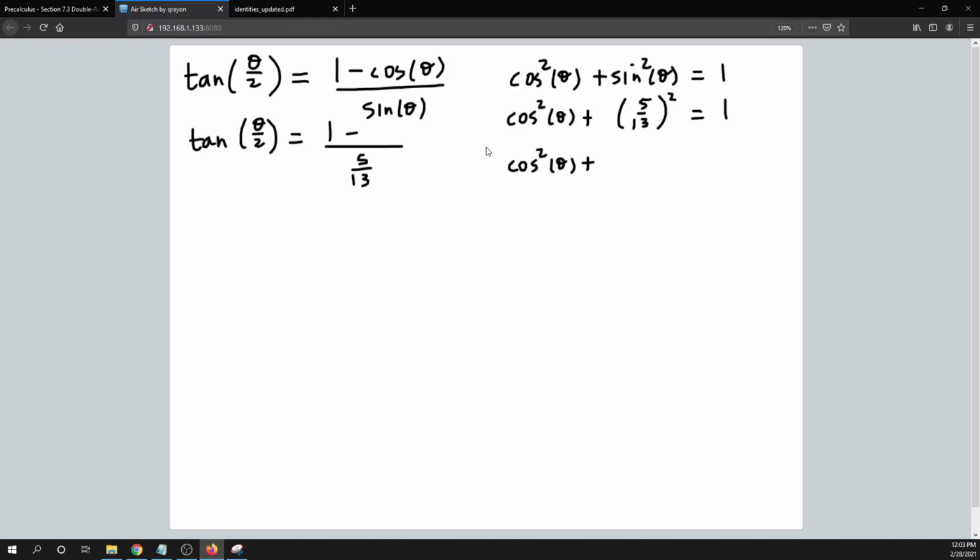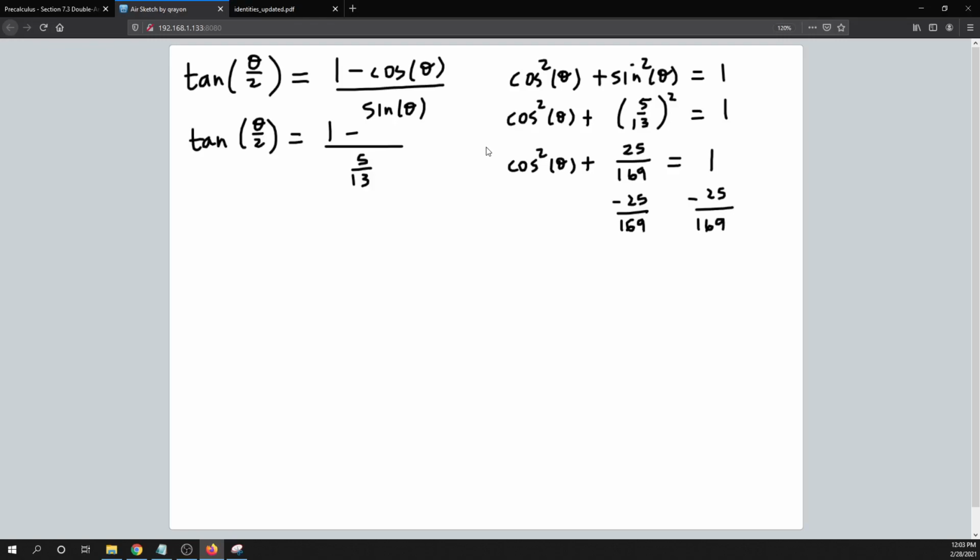And so working through that, 5/13 squared is 25 over 169. And then I'm going to subtract 25/169 on both sides.